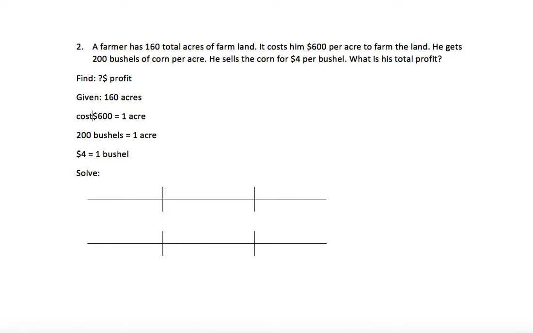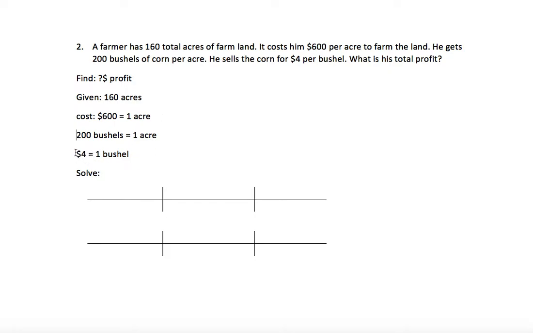And so in this case, we really need to make a note that $600 equals 1 acre is a cost, because to get profit, we're going to have to find the revenue, which is the total amount that he takes in selling the corn, and subtract out the cost. The 200 bushels equals 1 acre, that is going to be more related to the revenue, but we don't necessarily need to recognize that.